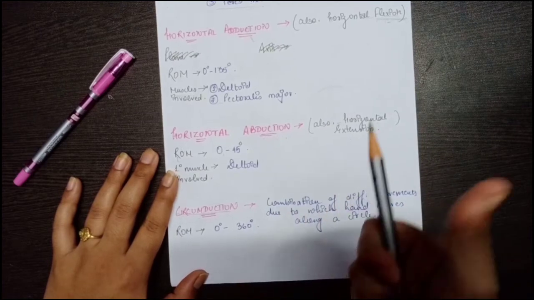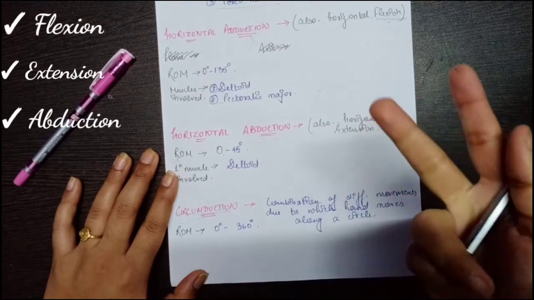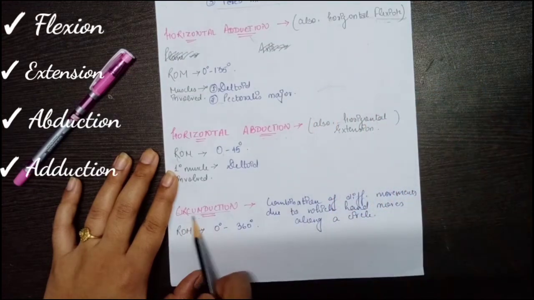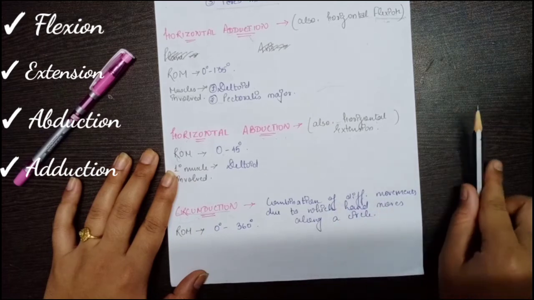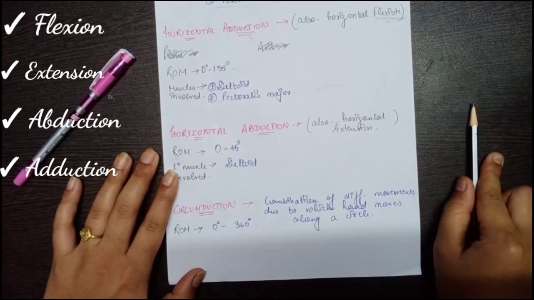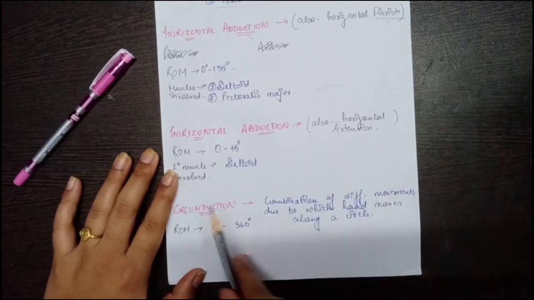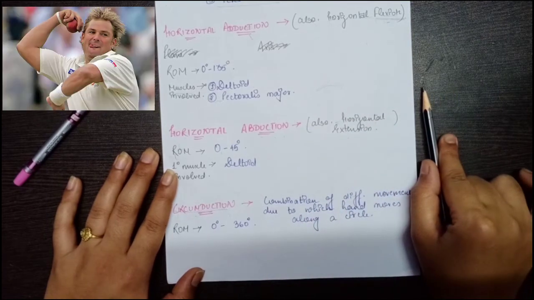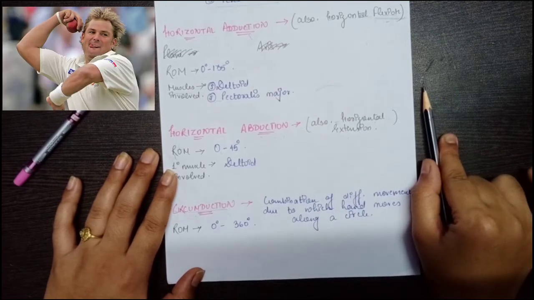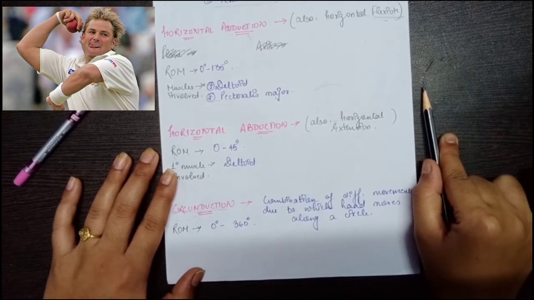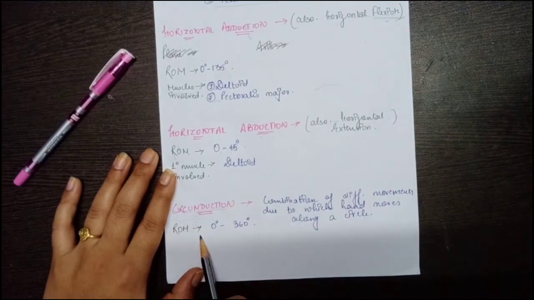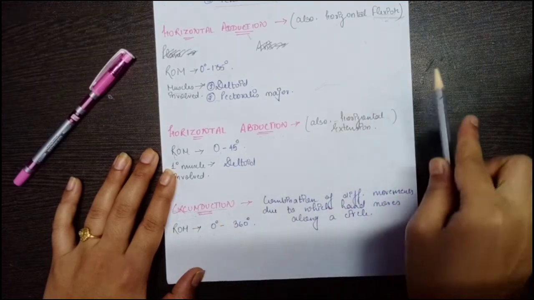Those movements are flexion, extension, abduction and adduction. For example, a bowler spinning a ball is actually circumducting his shoulder joint for spinning the ball and throwing the ball to the batsman. Okay. Now, the range of motion here would be 0 degree to 360 degree.